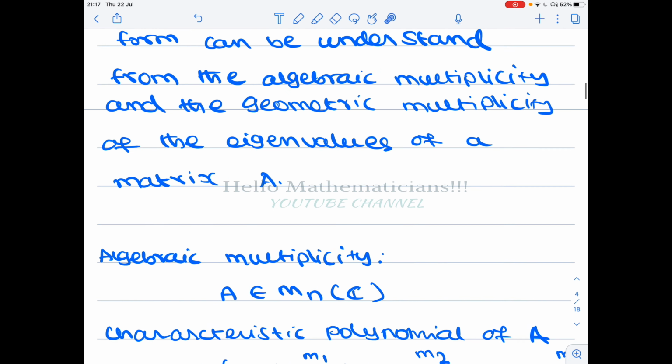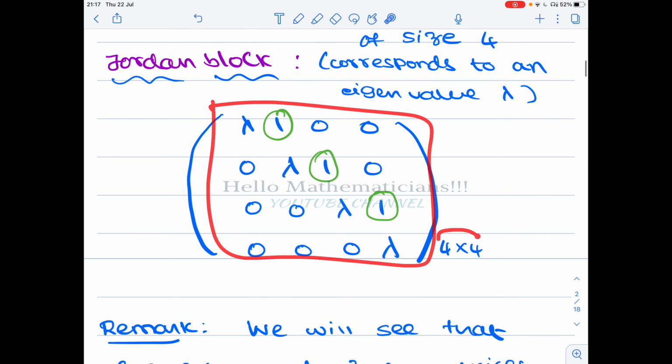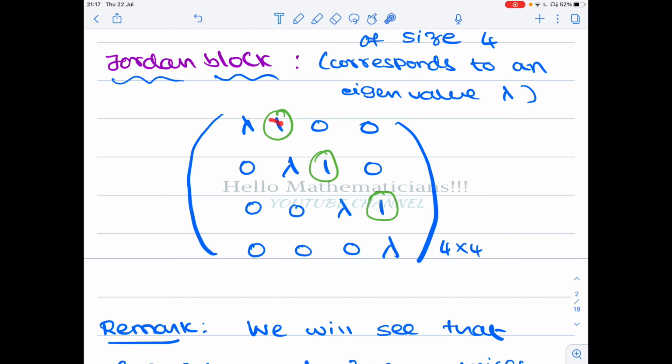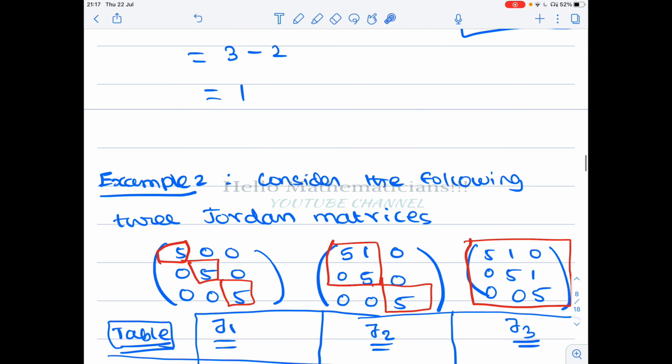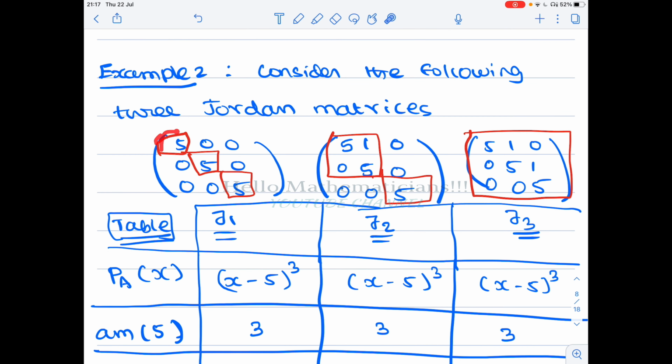For example, if it is a 1 by 1 matrix, then you will have 0 ones. If it is a 4 by 4 matrix, you have 3 ones. So if it is a 1 by 1 block, you won't have any 1. That is one minor observation. That is why these are all 1 by 1 Jordan blocks, there is no 1 here.